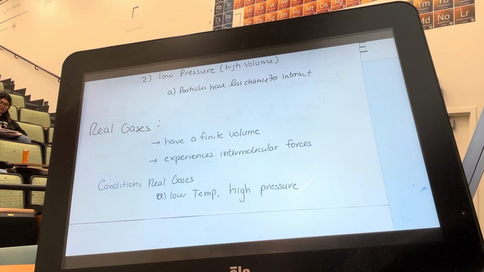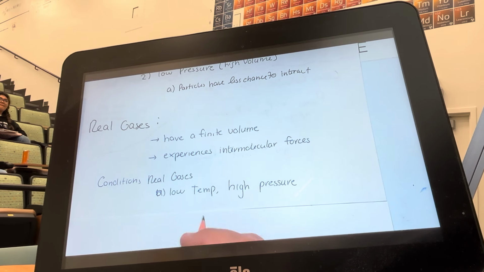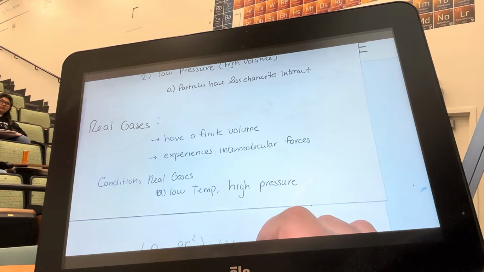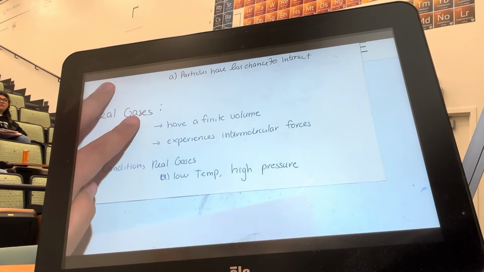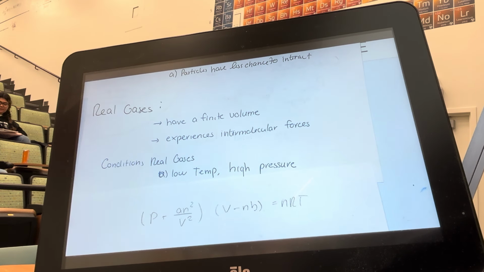And finally, really quickly, this equation that I'm writing here, which you're not going to see yet, is the real gas equation.